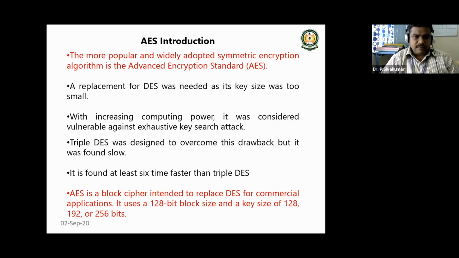Okay, this is our simple definition of AES. AES is a block cipher intended to replace DES for commercial applications. It uses a 128-bit block size, and the key size is 128, 192, 256. The 128-bit key means 10 rounds, 192 means 12 rounds, and 256 means 14 rounds, respectively.